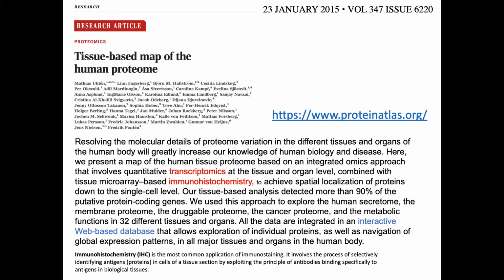This project integrates various omics technologies, including antibody-based imaging, mass spectrometry-based proteomics, transcriptomics and systems biology. All the data is open access to allow scientists both in academia and industry to freely access the data for exploration of the human proteome.